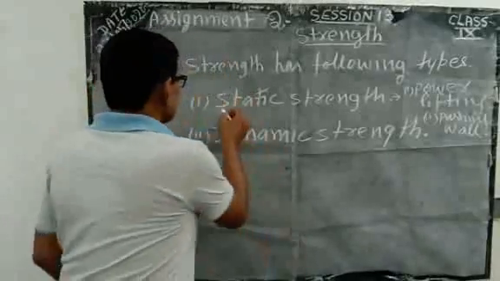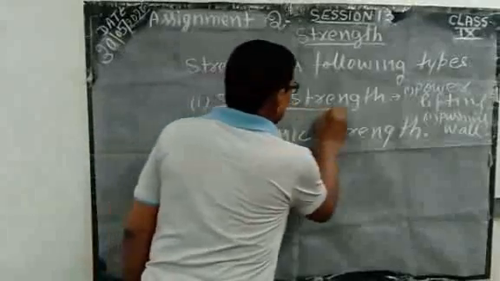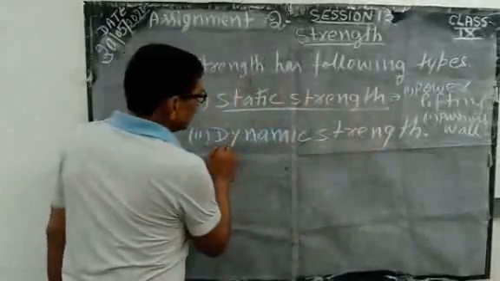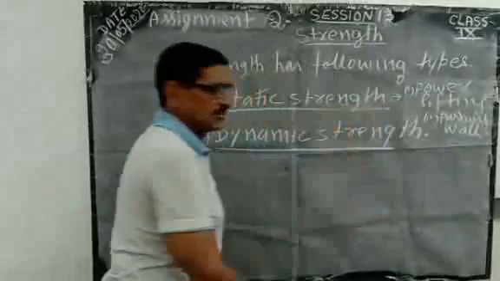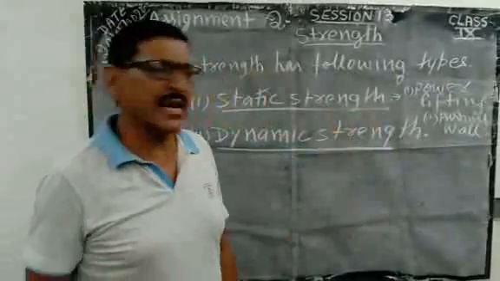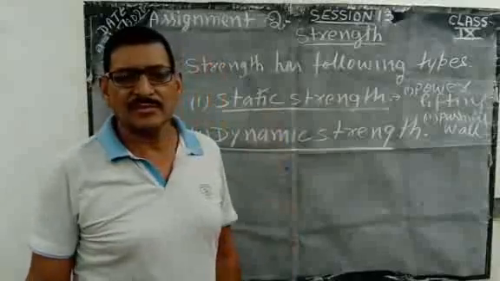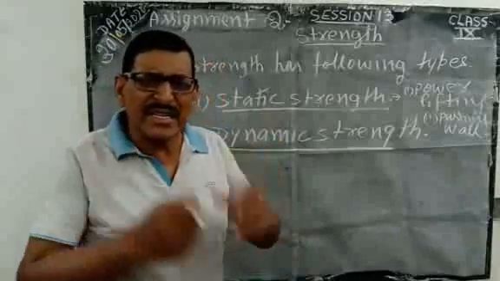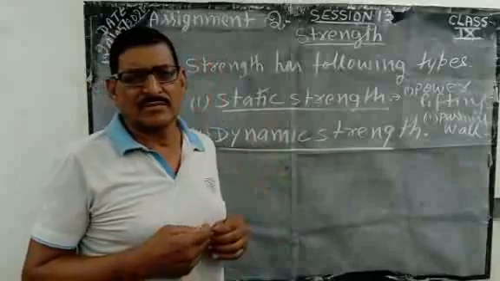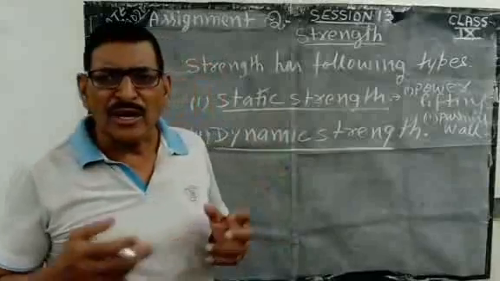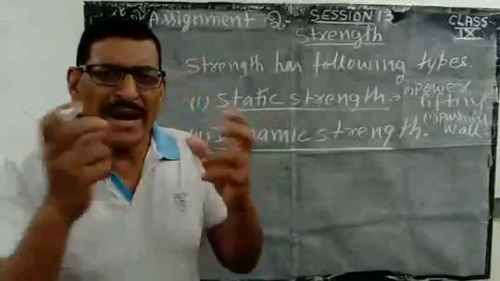First, static strength, and second, dynamic strength. Children, we can see about static strength. Static strength is known as isometric strength.